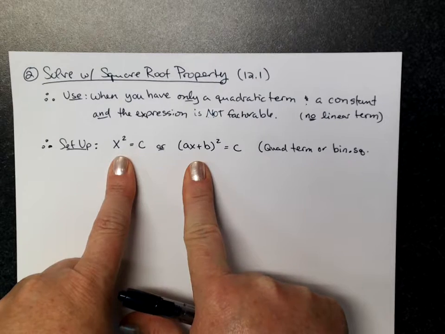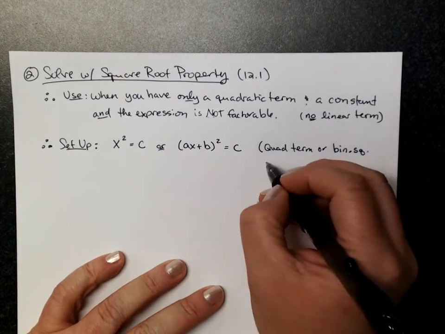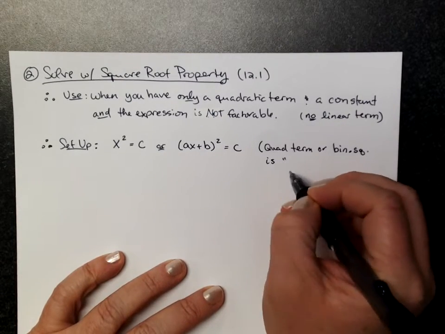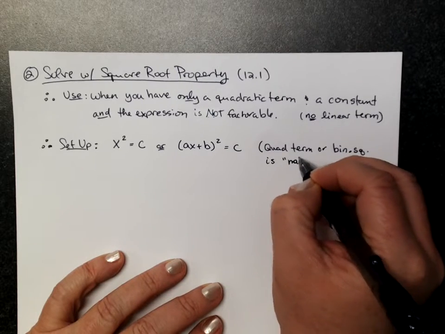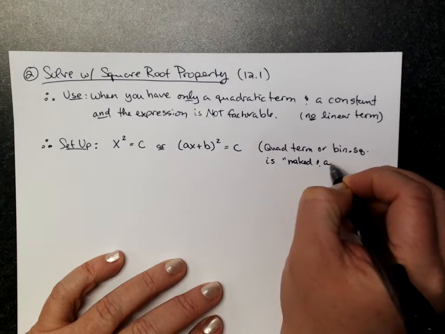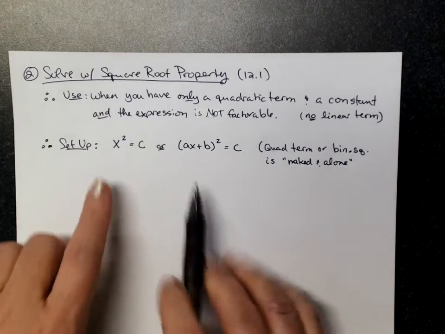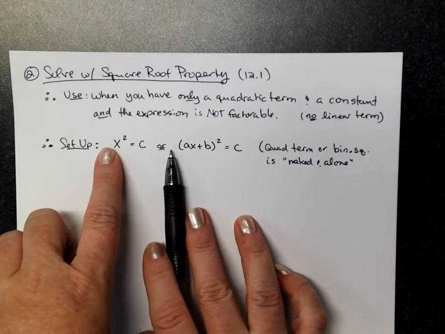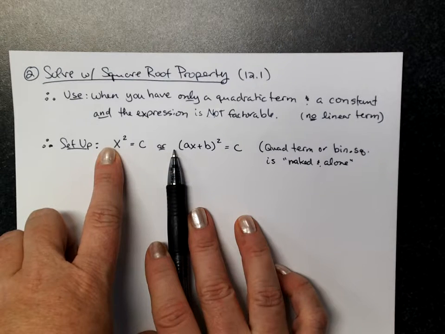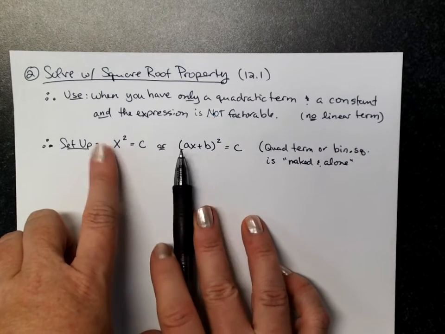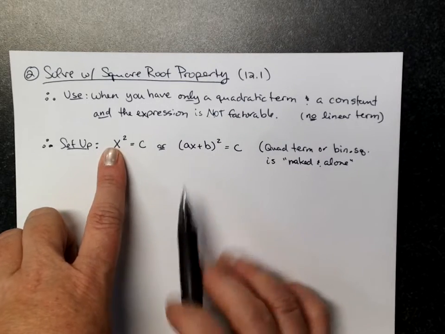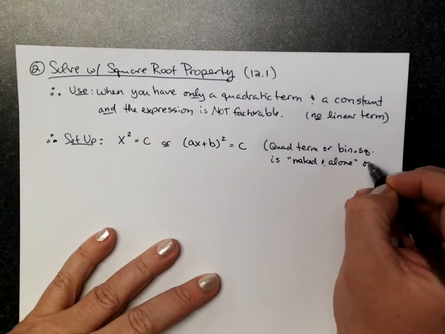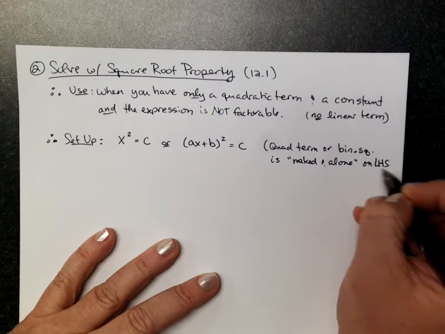The quadratic or binomial squared is, and I put this in quotes because, like I told you last time, it's not a technical math term, naked and alone. So there's no coefficient in front of it, and there's nothing being added or subtracted to it. Naked and alone, nothing added or subtracted, no coefficient. And that's on the LH, which means left-hand side.